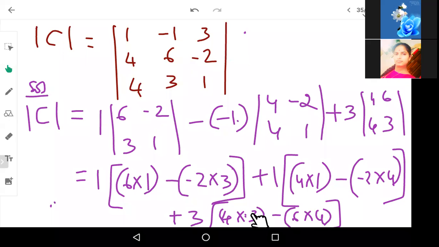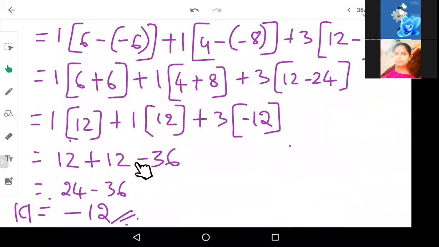Yes, I expected that, where instead of minus you would have taken plus 36. Why is it minus 36? Because 12 minus 24 is minus 12. Minus 12 into 3 is minus 36. Yeah, no problem. It happens because we'll be solving more problems and you will be able to pick that up.